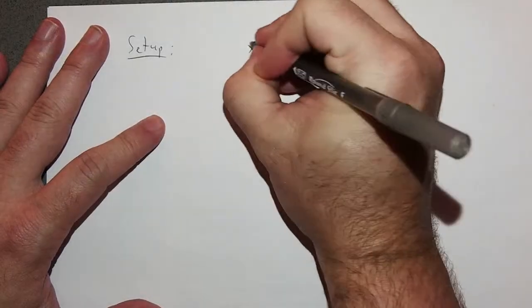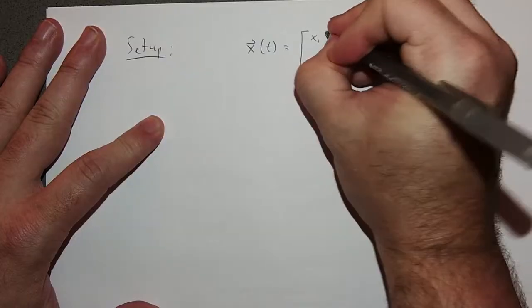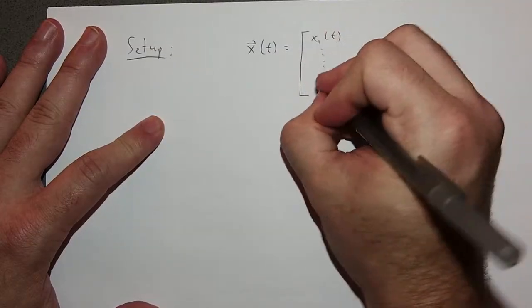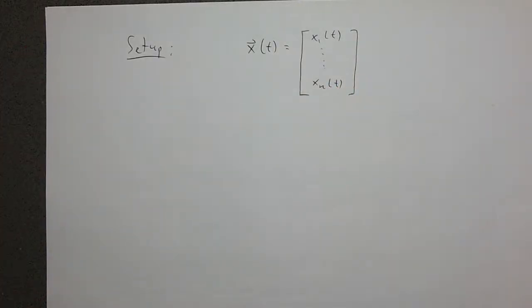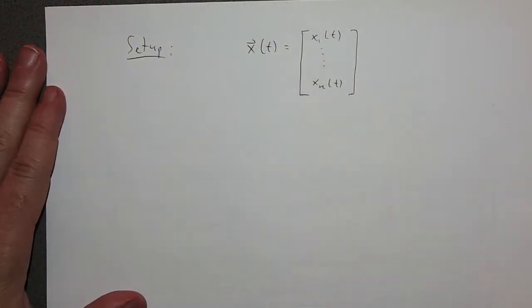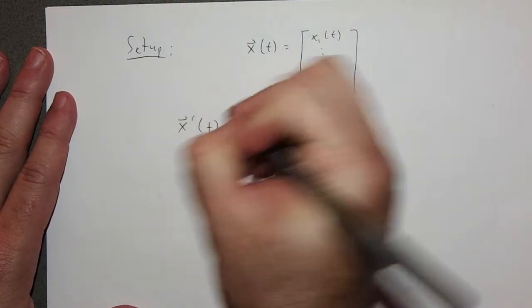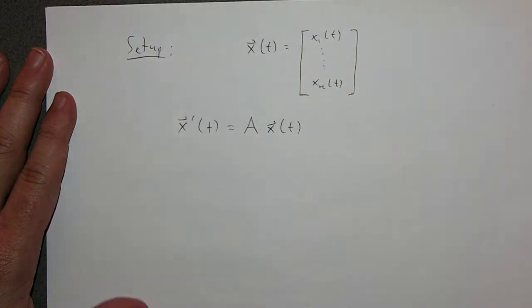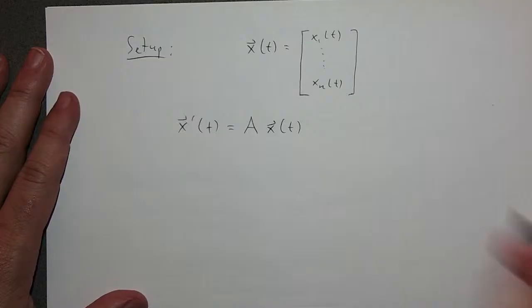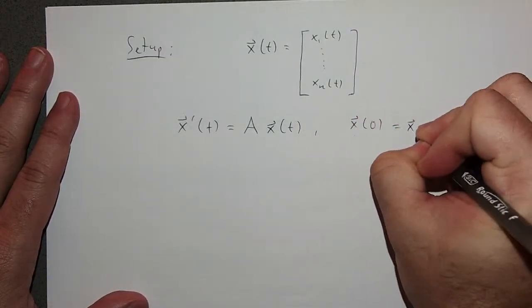We have a differential equation that involves solving for a vector of unknown functions. We'll call them x1 to xn. So these are all unknown functions. We would like to solve this matrix differential equation x prime equals A times x with initial condition x of 0 is equal to x naught.